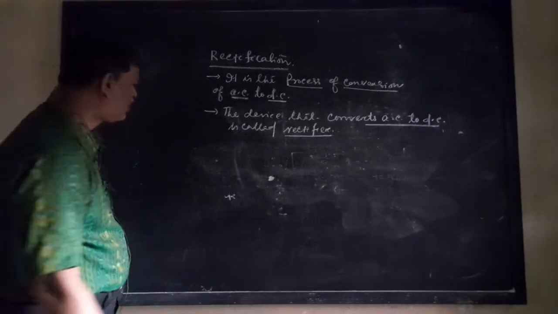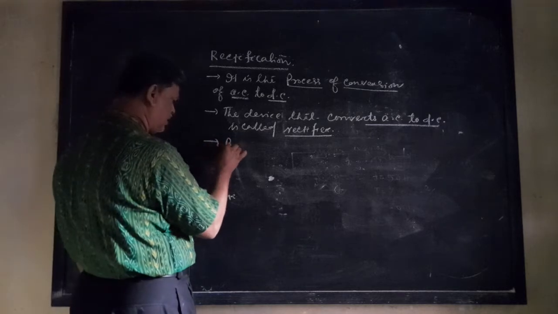By the help of a crystal diode, a PN junction, we can convert AC to DC. Therefore, the PN junction acts as a rectifier. Clear?